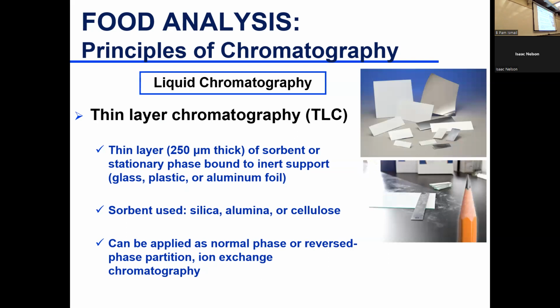But nowadays you can buy them as aluminum foil with silica already plated on them, much better than you doing that yourself in the lab. So they're cheap, they're easily available, abundant, so no issue there. You can use them same as with paper. You can use them as normal phase, reverse phase, ion exchange chromatography.